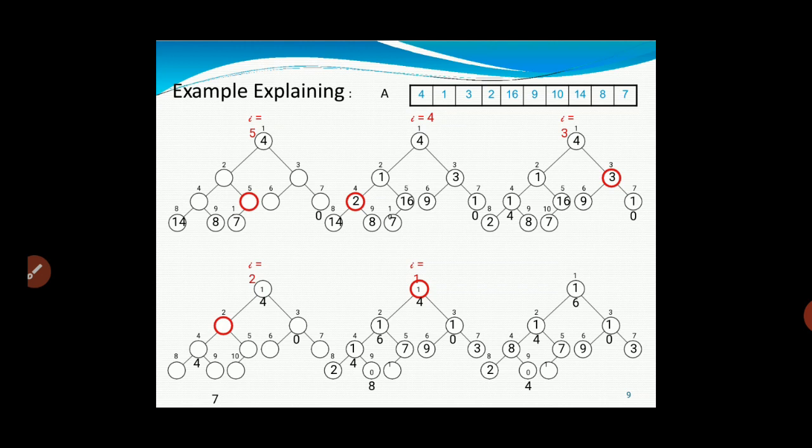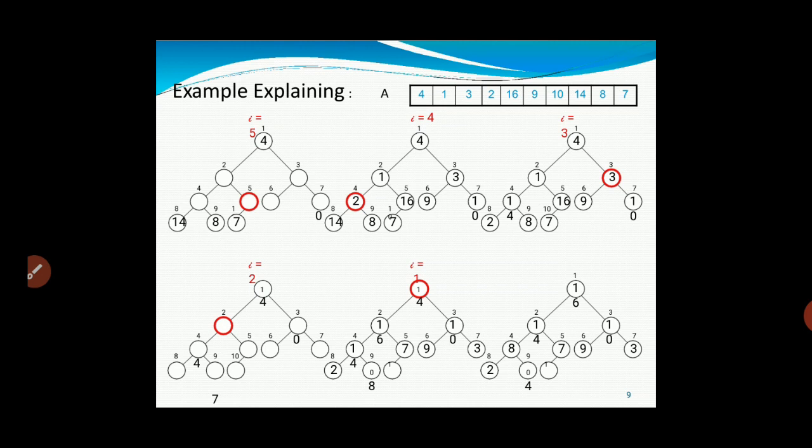Then what is the fourth index value? The fourth index value is 2. For i equal to 3, the parent node, the third value is 3.